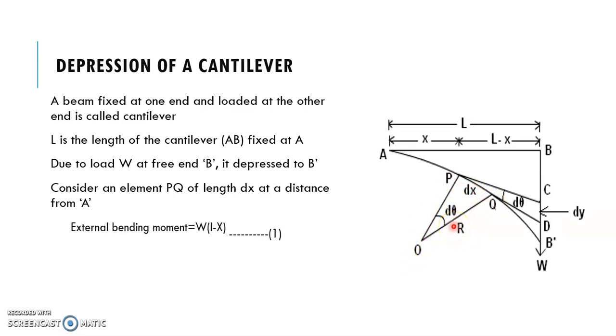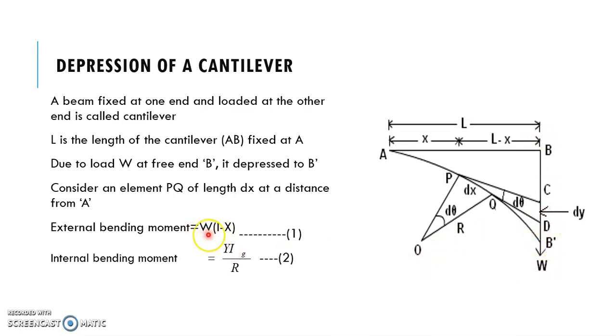Then L minus x is the remaining distance of the beam, the distance of the beam depressed to B dash.